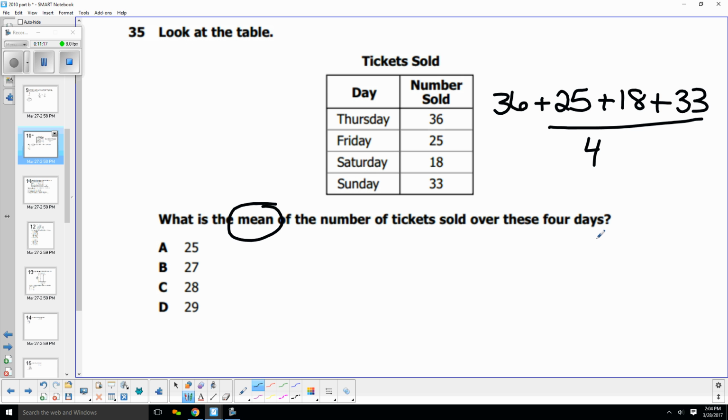So that was 4. When I add these, you should get 112. When I take 112 and divide by 4, you should get 28. 24 wasn't even a choice. Okay?